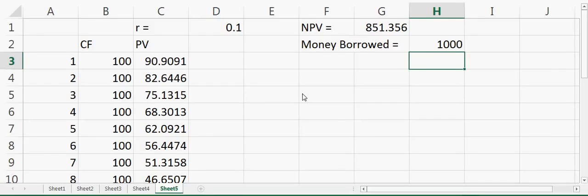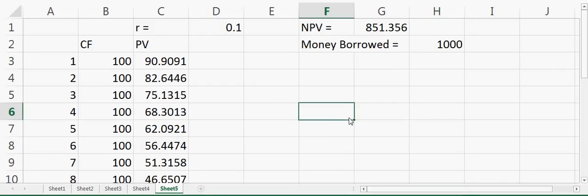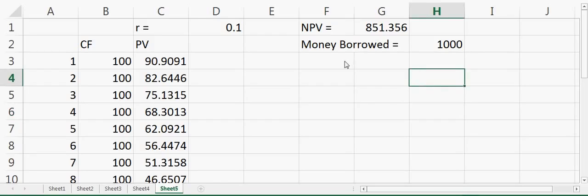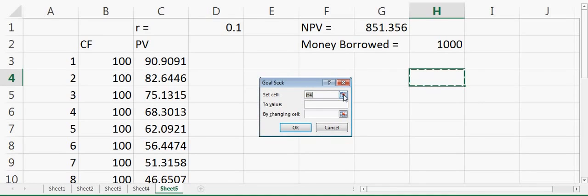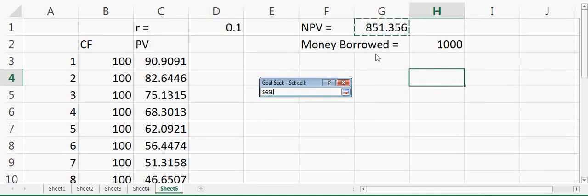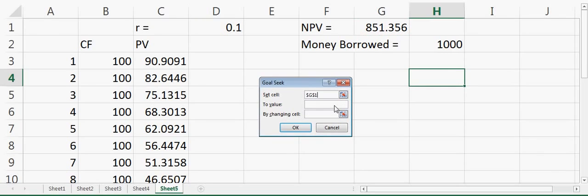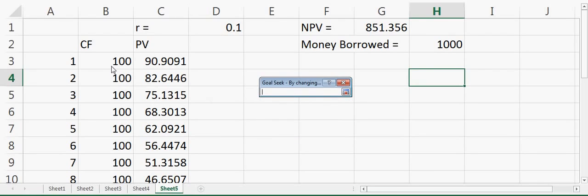What I'll do in this case is go to the Data tab and click on Goal Seek. So I'll say Data tab, What-If Analysis, and Goal Seek. It says set cell, so I'll set the cell net present value, to value, because the money borrowed is 1000, and then by changing cell, I'll say cash flow and say okay.